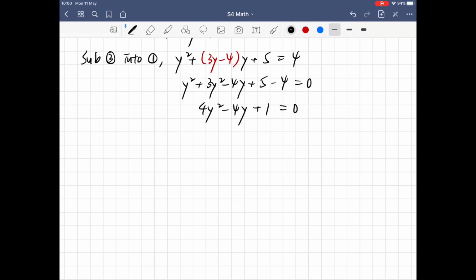Okay, then now we are going to solve this quadratic equation with the unknown y. Okay, so that we have (2y minus 1), (2y minus 1) equals 0. Okay, and we have the value y equals 1 over 2, and this is repeated.